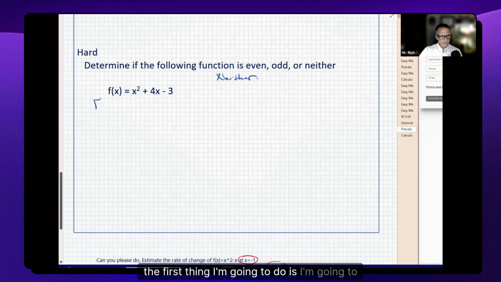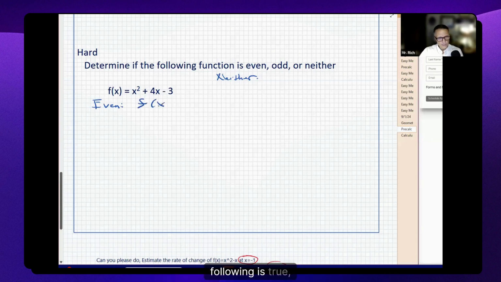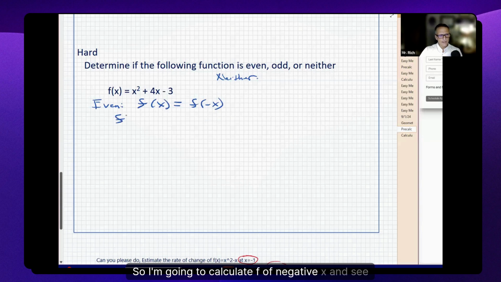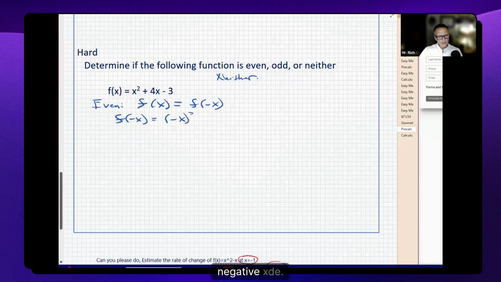Well, the first thing I'm going to do is I'm going to check to see if it's an even function. Even functions are functions for which the following is true, that the function itself is equal to f of -x. So I'm going to calculate f of -x and see if it gives me f of x. So I replace all of the x's with a -x, and I'm going to get that.